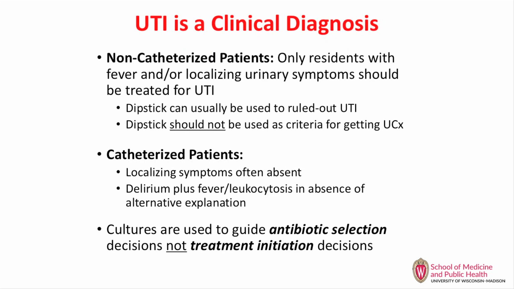So if there's nothing else that you remember from this talk today, please remember that UTI is a clinical diagnosis. It is not a laboratory diagnosis. There is no magical number of organisms in the urine that indicates the presence of infection. Most individuals who have an old urinary tract system are going to have some level of inflammation in their urinary tract, rendering the urinalysis essentially unusable, with the exception of when it's normal.